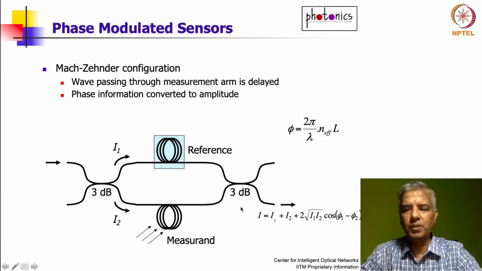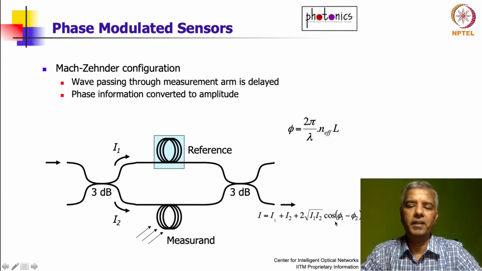Let's say this is the phase that you want to measure. The output intensity is going to fluctuate, but you don't know whether it's fluctuating because of what you want to measure or because of what's happening in the other arm.